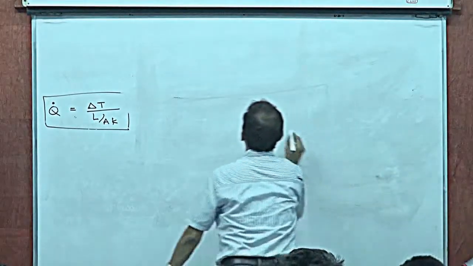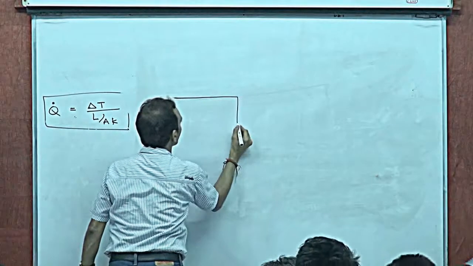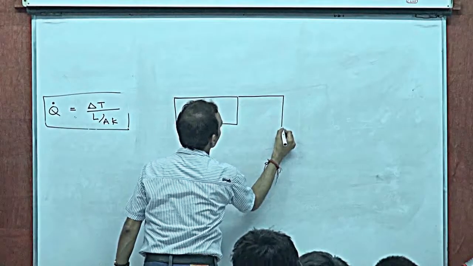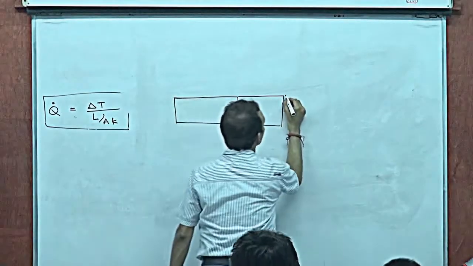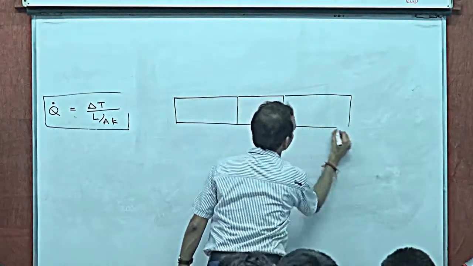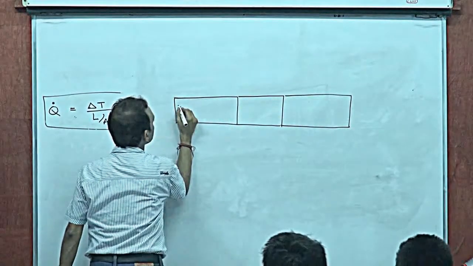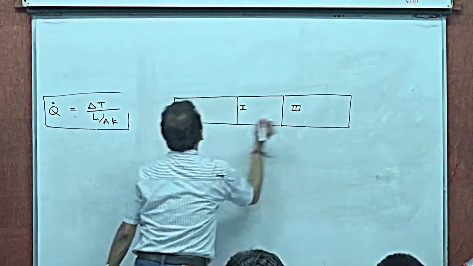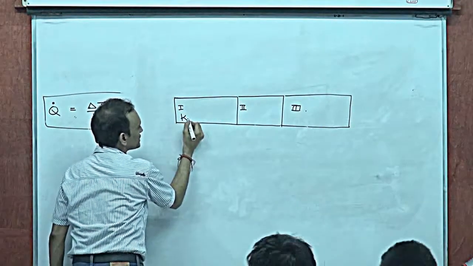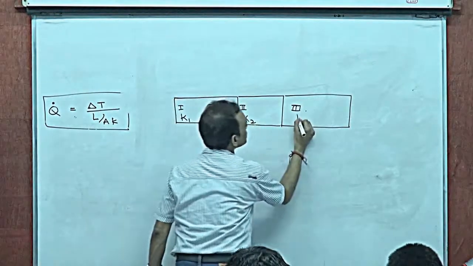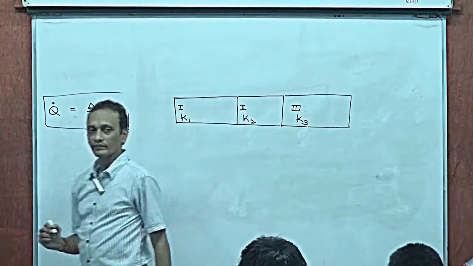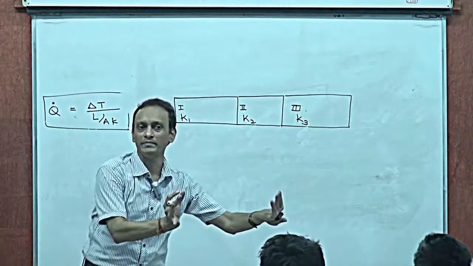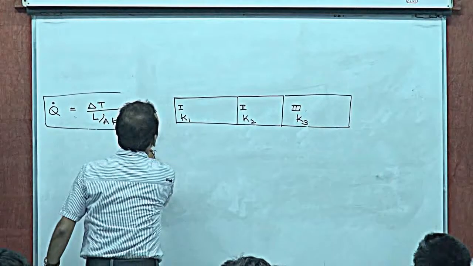Suppose we had three slabs connected like this: slab 1, slab 2 and slab 3, in general of different thermal conductivity, say K1, K2 and K3. And the lateral surfaces were lagged so that it remains a one-dimensional heat transfer problem.